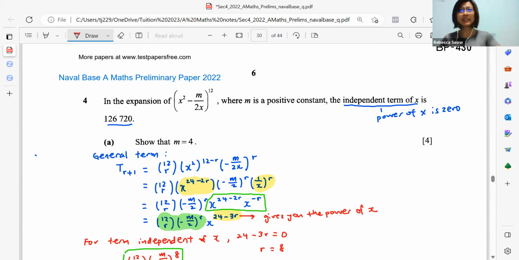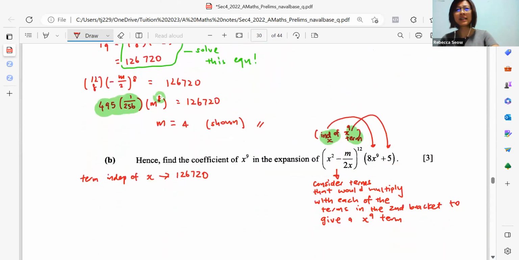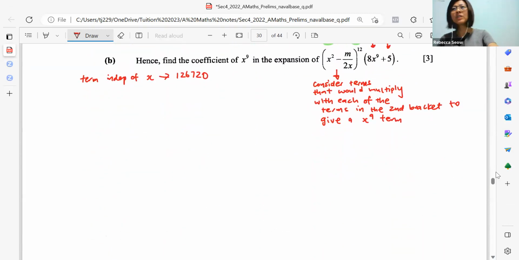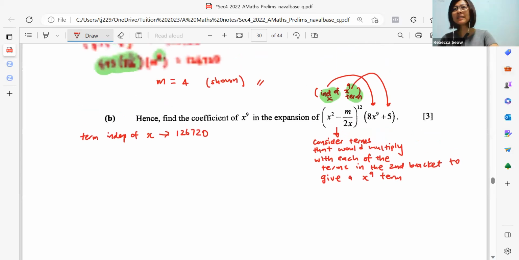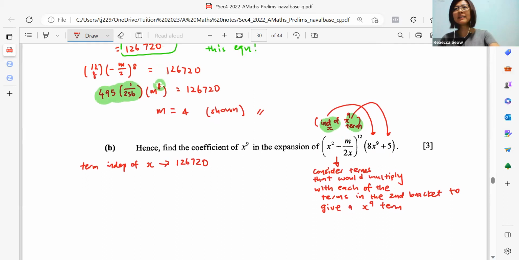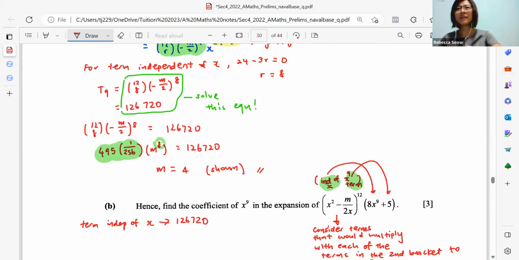So I'm using this for part B, because they say hence, right? Find the coefficient. So now what we are left to find is actually the x to the power of 9 term. Now, if the power is 9, then we will have to let 24 take away 3r be equals to 9.